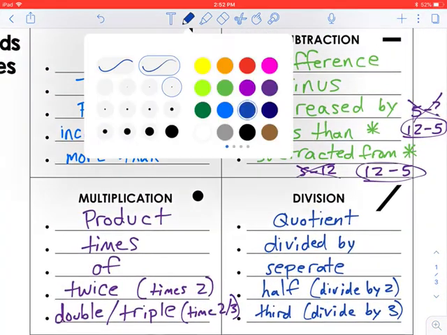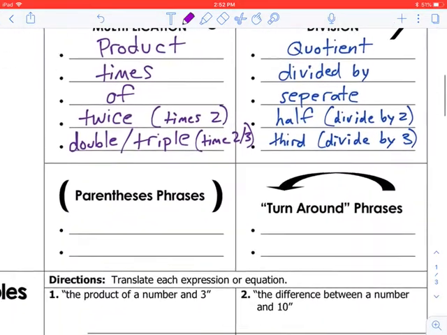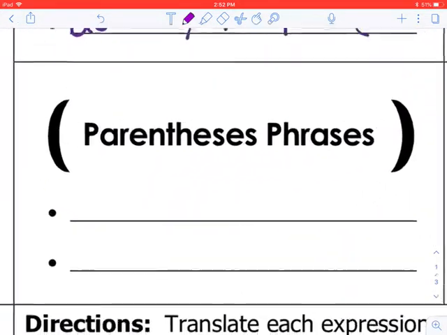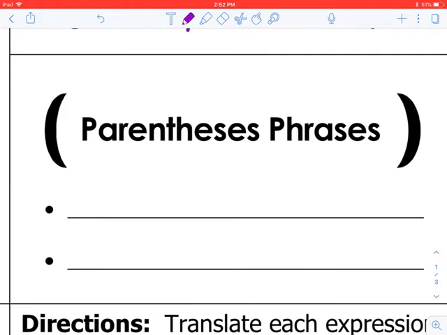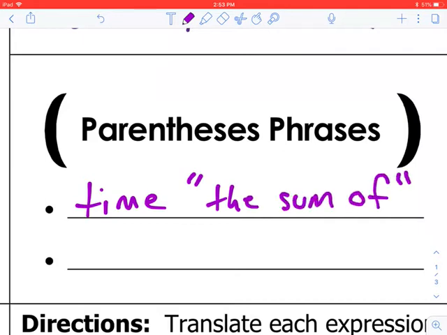Now, a couple special cases. Parentheses phrases. If you see these, if it says the product of or times the sum of, that automatically puts that sum or that addition problem in parentheses.